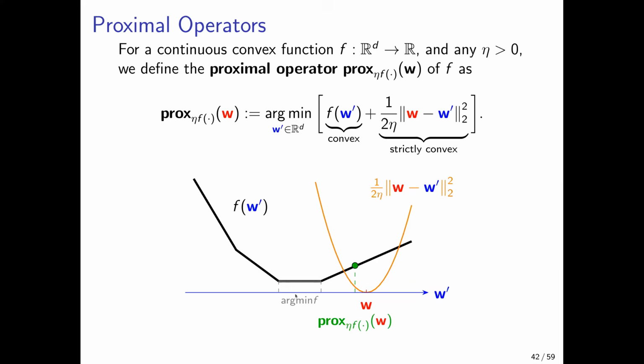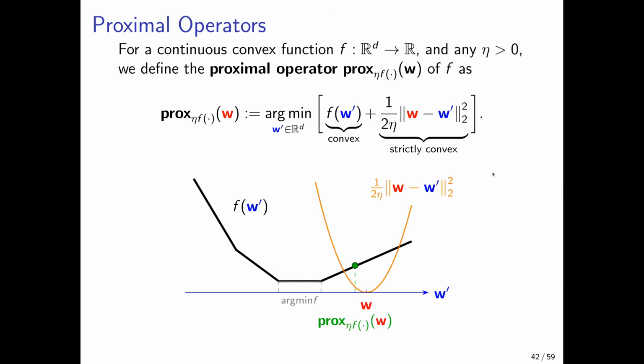So what we are doing instead is adding this quadratic penalty, and then minimizing over this sum. And what are the advantages behind this? On first glance, it might actually look more complicated, but it makes the problem easier.